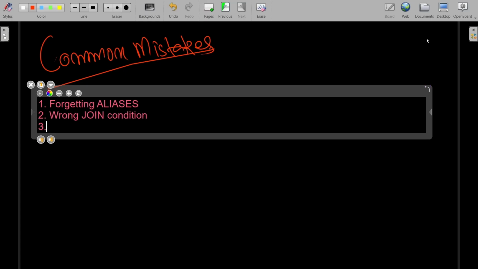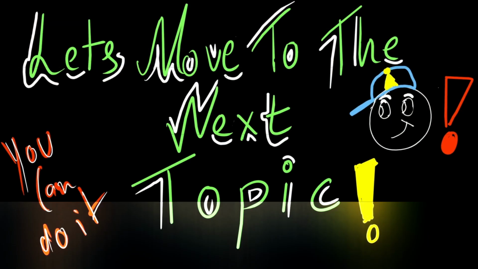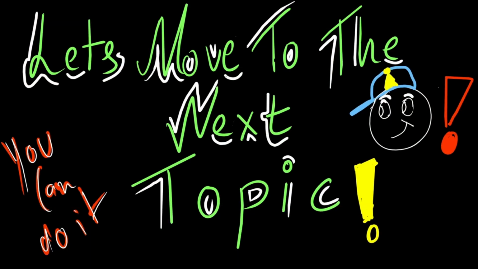Third is using inner join unintentionally, because we know that inner join is also similar to this particular thing. So please keep that in mind. So these were the common mistakes. This is all about self join, and I hope you understood the topic. So guys, let's move to the next topic.